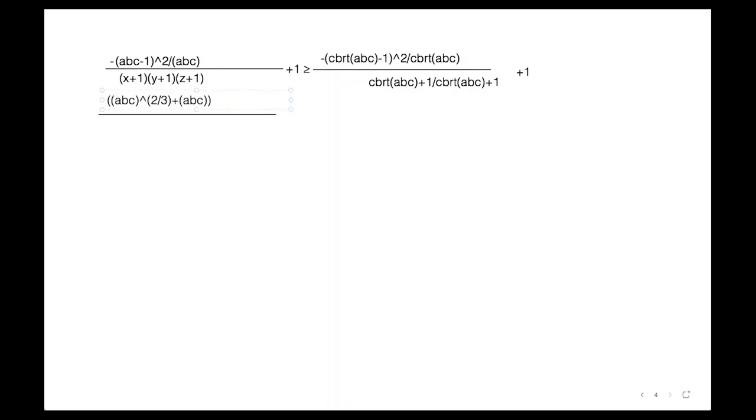I'll start using fractional powers so that it looks more consistent. Plus 1 quantity squared, and then the numerator is still the same thing. Then it's greater than or equal to.